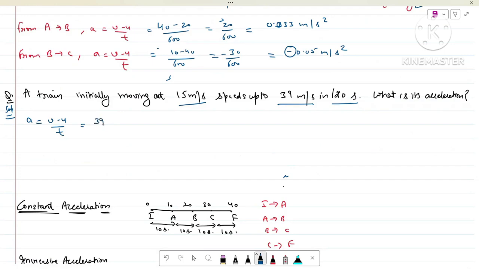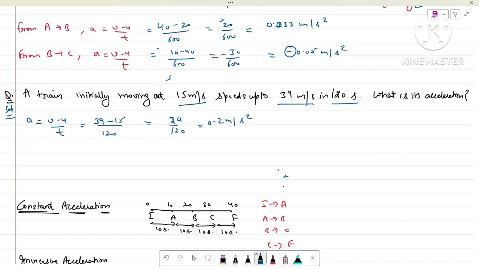So 39 minus 15, that is 24, divided by 120. It comes out to be 0.2 meter per second square.